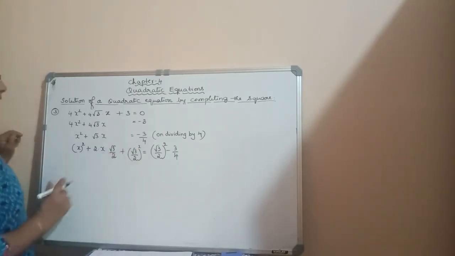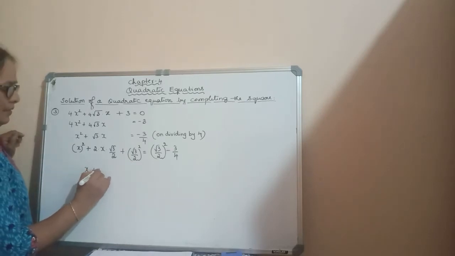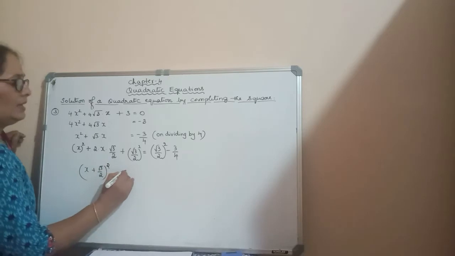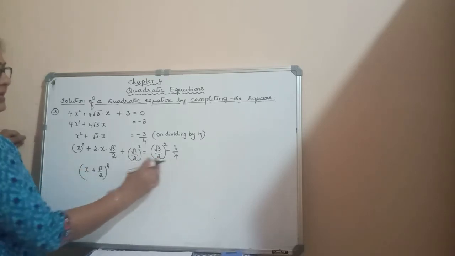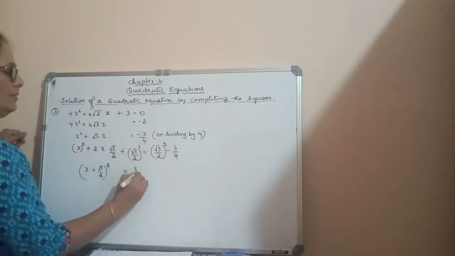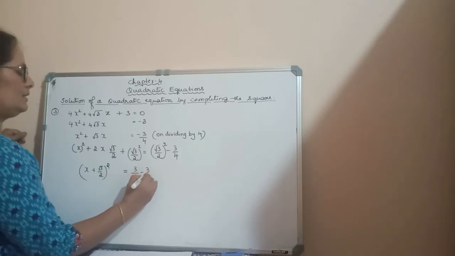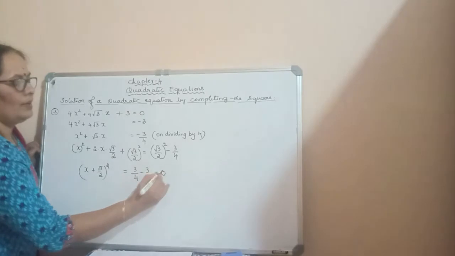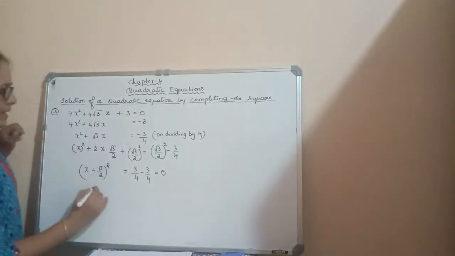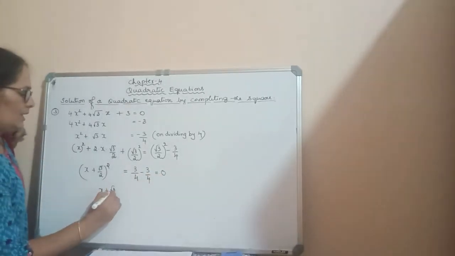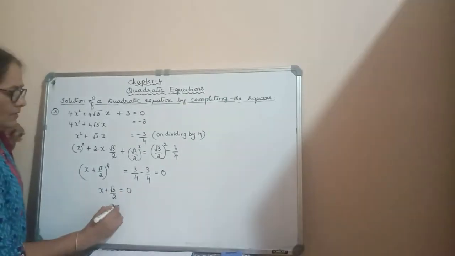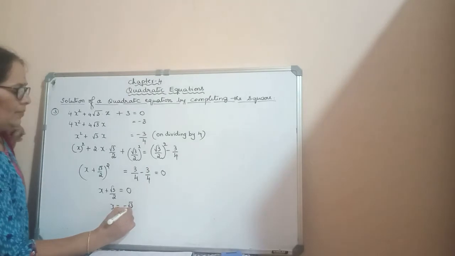Then what will you get here? (x plus root 3 by 2) whole square equals, on the right side, root 3 square is 3 by 4 minus 3 by 4. So what is 3 by 4 minus 3 by 4? 0. So x plus root 3 by 2 equals 0. So x equals minus root 3 by 2.